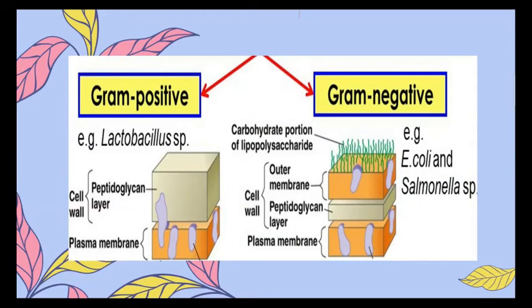Okay, let's look at the structure of the cell wall in prokaryotic cell. Based on its cell wall, bacteria or prokaryotic cell can be classified into gram-positive bacteria or gram-negative bacteria. Okay, so an example of gram-positive bacteria is like Lactobacillus species.